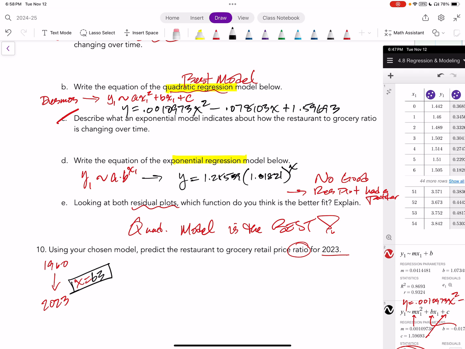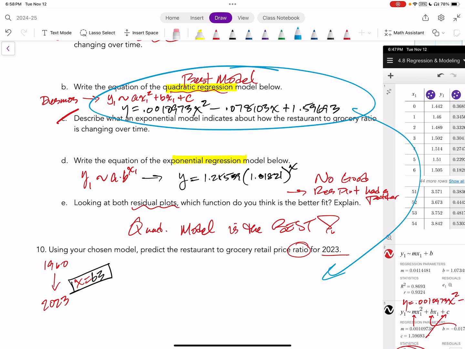We take our best model and we substitute it down here. So y is equal to 0.0010973 times 63 squared minus 0.0781303 times 63 plus 1.59693, and we're going to figure this out.